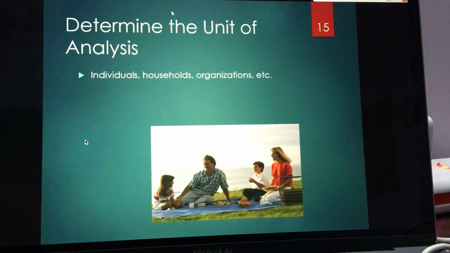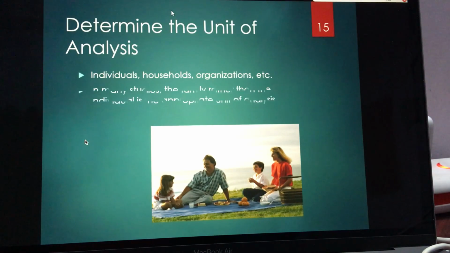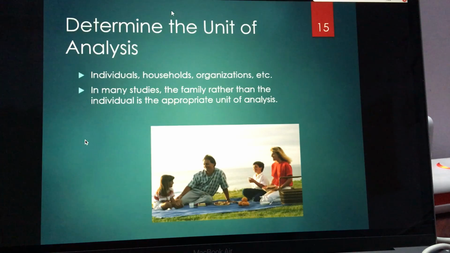Okay, ആരെയാണ് നമ്മൾ ശരിക്കും പഠിക്കേണ്ടതെന്നുള്ളതാണ്. You should look at customers or employees or households or organizations. What should be the unit of our analysis? That you have to understand, right? So usually in marketing research, we look at customers, right?